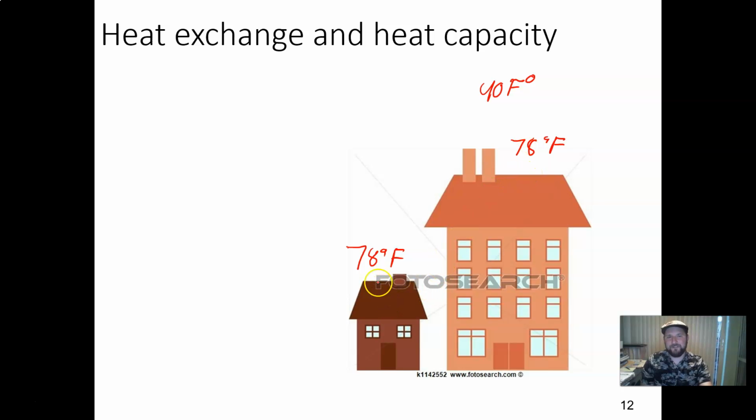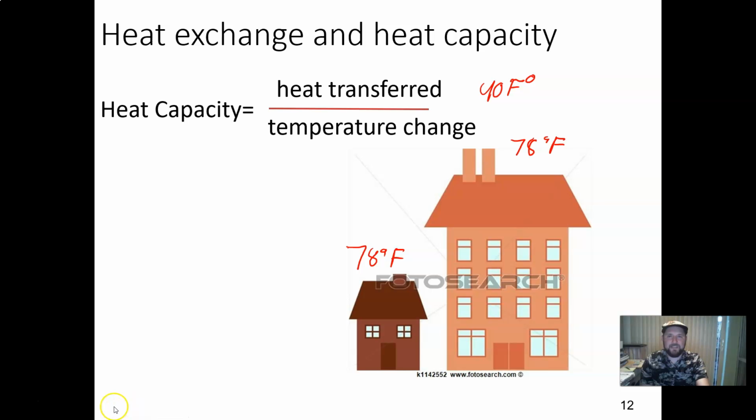But you know that it's going to cost more to keep this one at 78 degrees Fahrenheit. Why is that, since the temperature change is the same? The answer is because it takes a different amount of heat to be transferred to change the temperature of these houses. And this relates us to what we call a heat capacity.